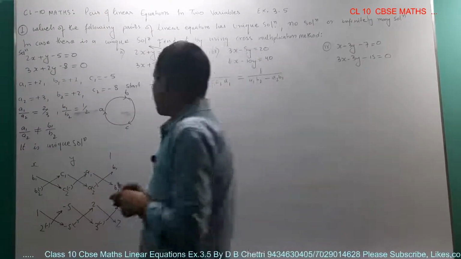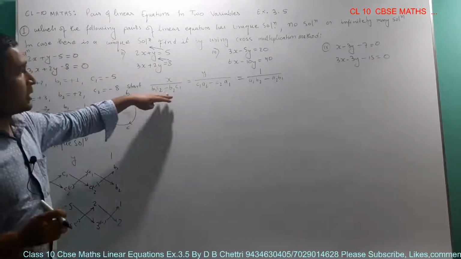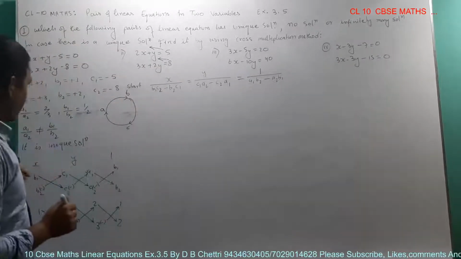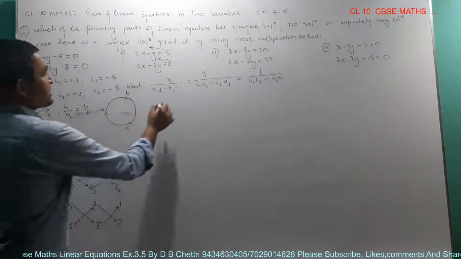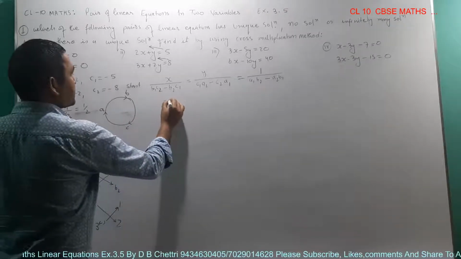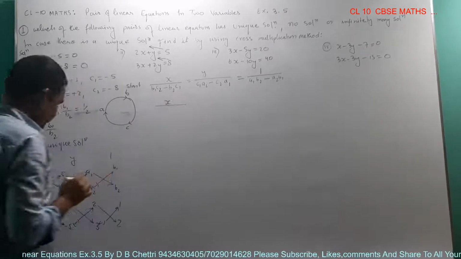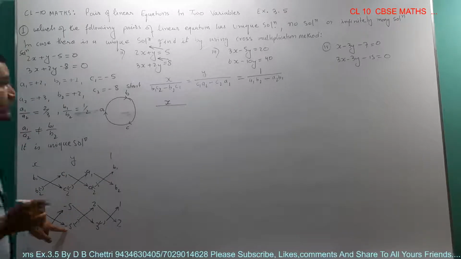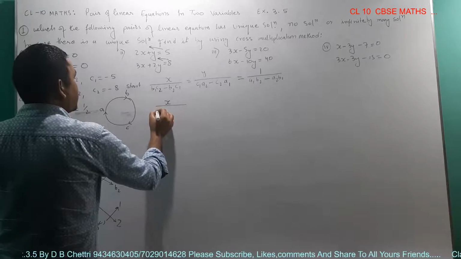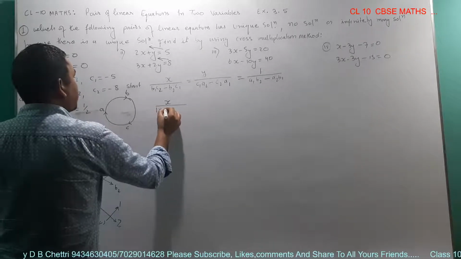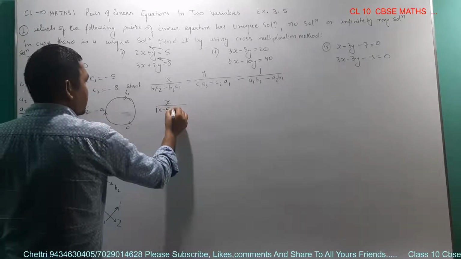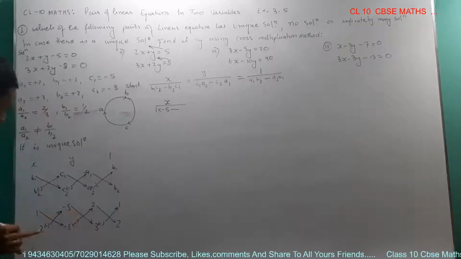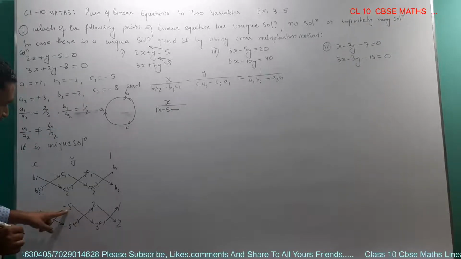Now I am showing how to write the formula. Now x by: 1 multiply minus 5, then put the minus, then multiply the other pair, 2 multiply minus 5.